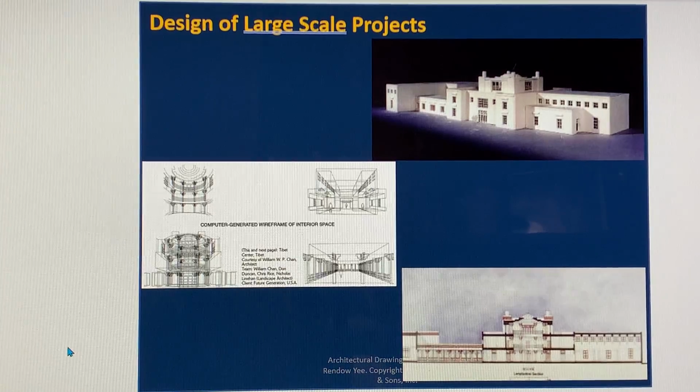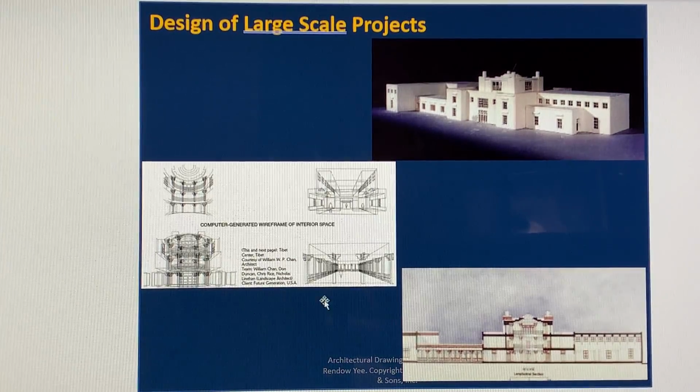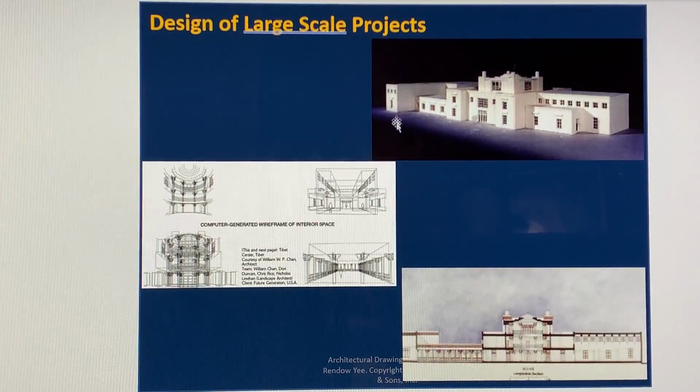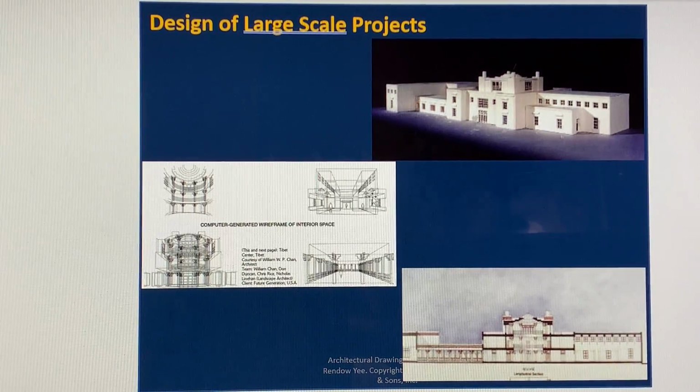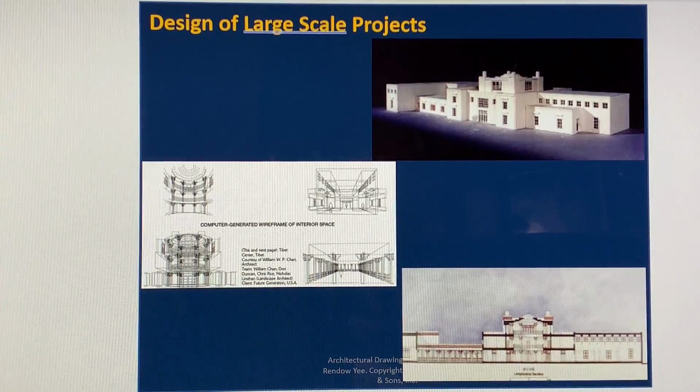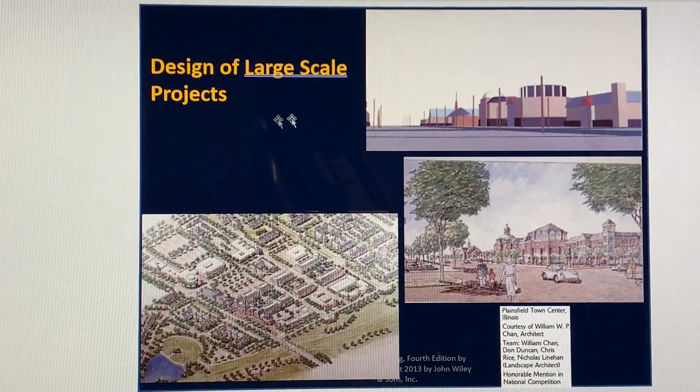This is some of the design of large scale projects. If you have a large scale building, you can create a model, or you can do a view of that building, interior or exterior, before you start to do home projects. We have many digital examples.